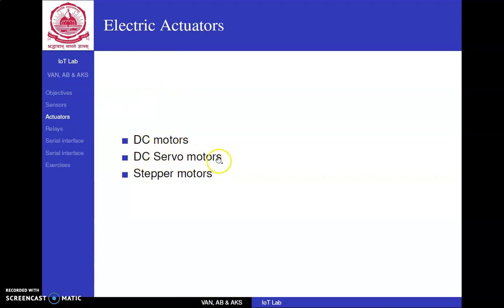Servo motors will give you precise control over the position of the shaft, whereas stepper motors will give you fine control in the rotation, and you can specify the degree of rotation. More details on stepper motors will not be discussed here; that will be left to you as an exercise. We will have complete coverage on DC motors and servo motors.